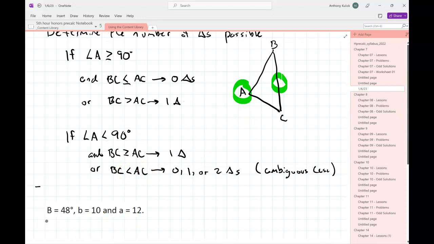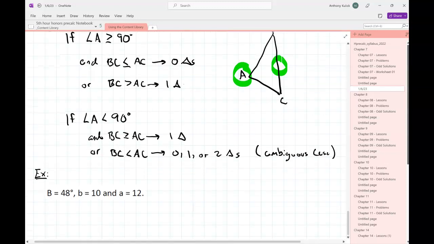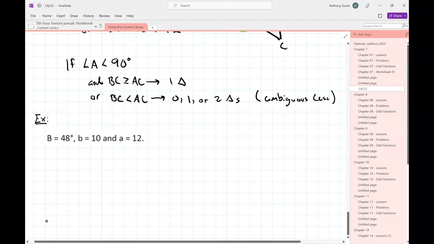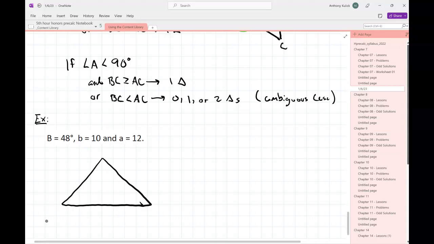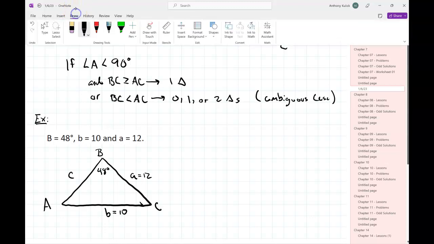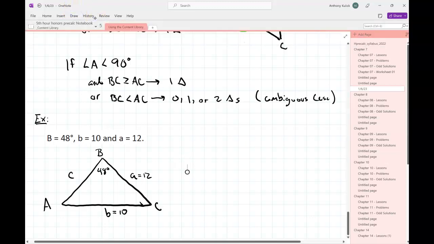So let's look at this situation. Again, I'm going to start by just drawing myself a picture, and then labeling my picture. The first thing I want to do is determine what situation this is, because I have two sides and an angle.